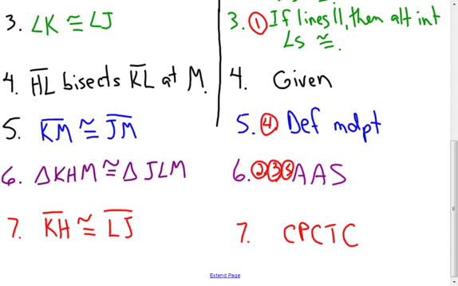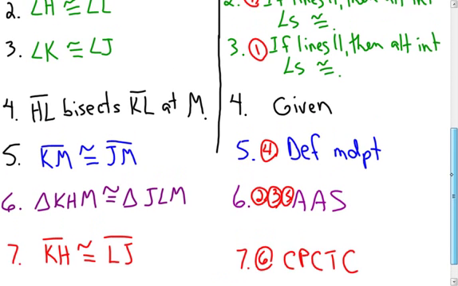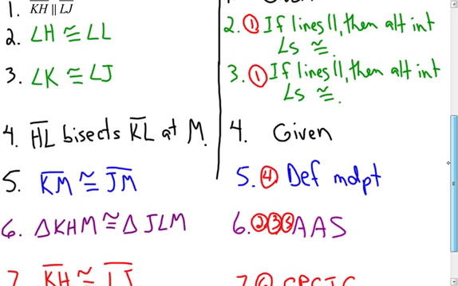Corresponding parts of congruent triangles are congruent. My reference number, well, I needed to have those congruent triangles. That came from step 6. So there's my proof, 7 steps, based off of the given information and what we were trying to prove.